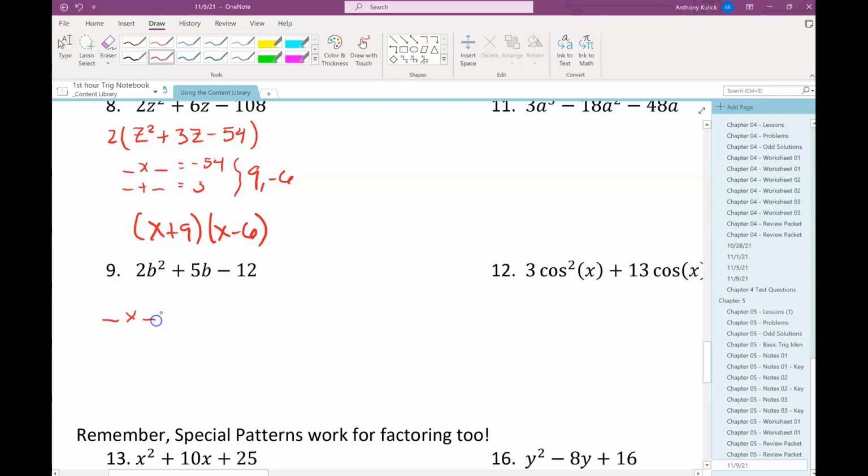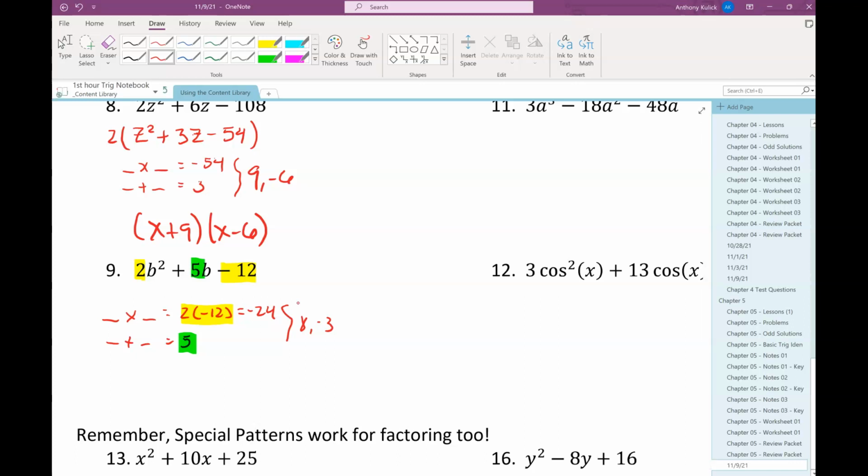So we're going to need the two numbers that multiply to give us the first times the last and add to give us the middle. So what multiplies to give us negative 24? What are some things? 8 and negative 3. That'll work, right? Those will add to give us positive 5, and they also multiply to give us negative 24.